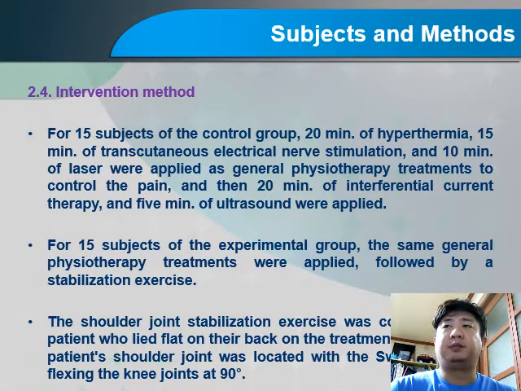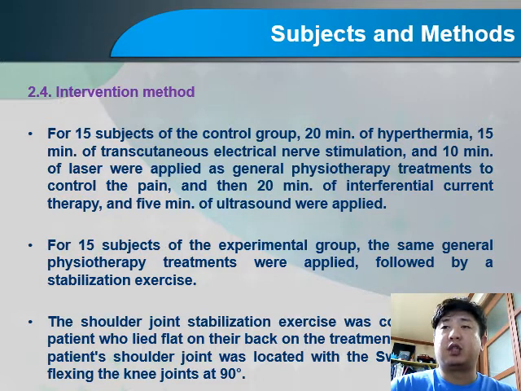And then 20 minutes of interferential current therapy and 5 minutes of ultrasound were applied. For the 15 subjects of the experimental group, the same general physiotherapy treatment was applied, followed by stabilization exercise.